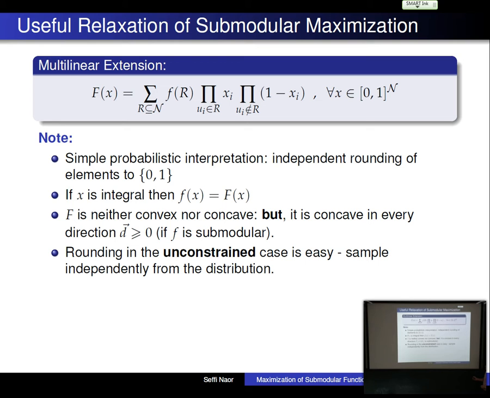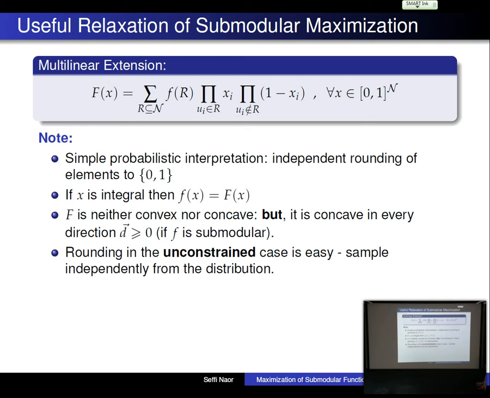For every subset R in N, the probability of getting R is success on the elements in R, which happens with probability xi, and failure on the elements which are not in R, which happens with probability 1 minus xi. We multiply it by the value of the function on the subset R, and now we just take expectation. So capital F denotes the multilinear extension, and the value of F of x is equal to the expectation of this experiment.